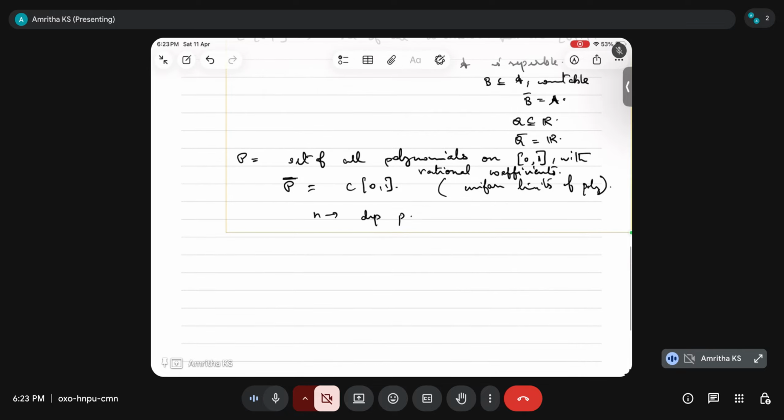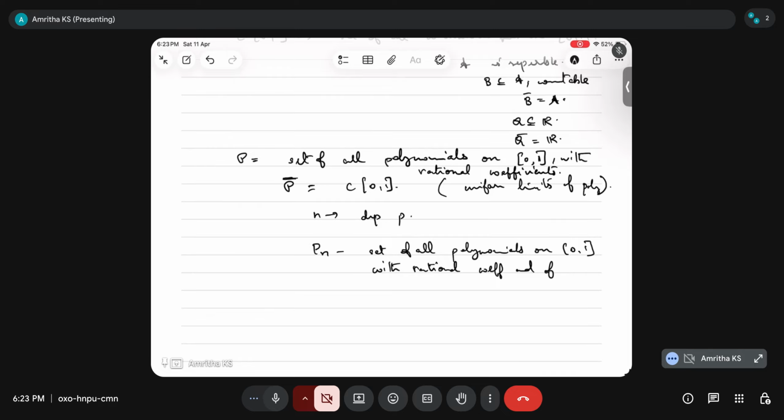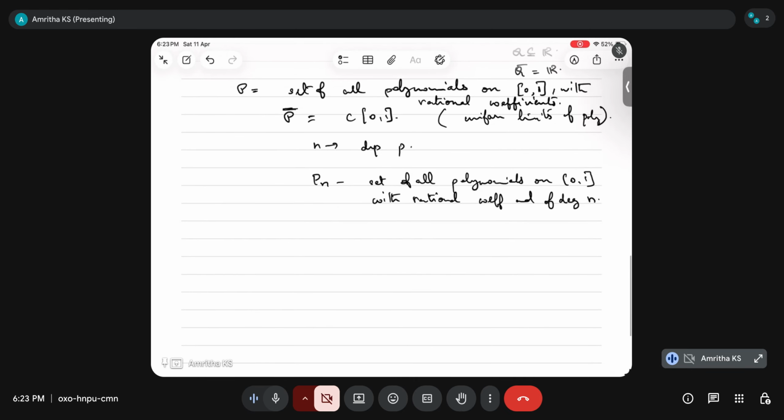Then suppose I take Pn to be the set of all polynomials on [0, 1] with rational coefficients and of degree n. Then I would show that this set is countable.